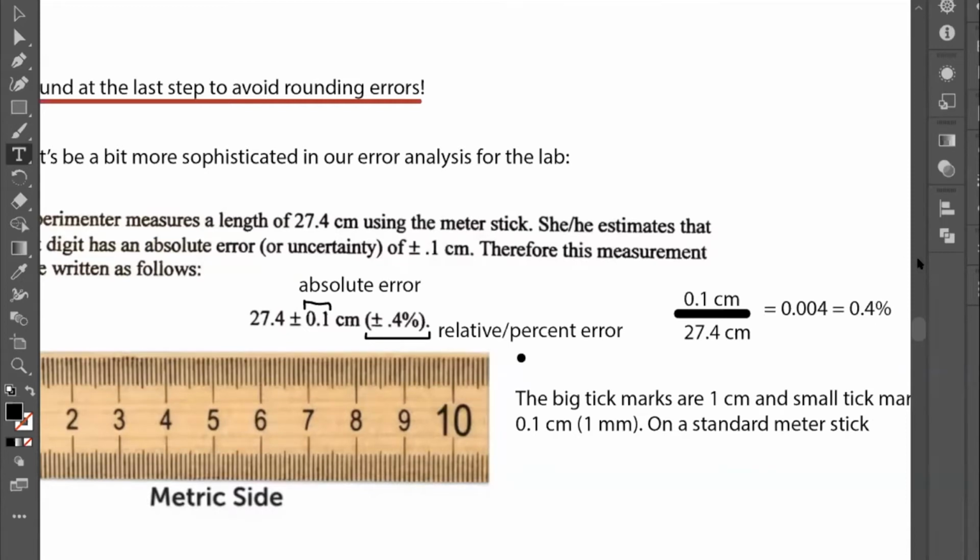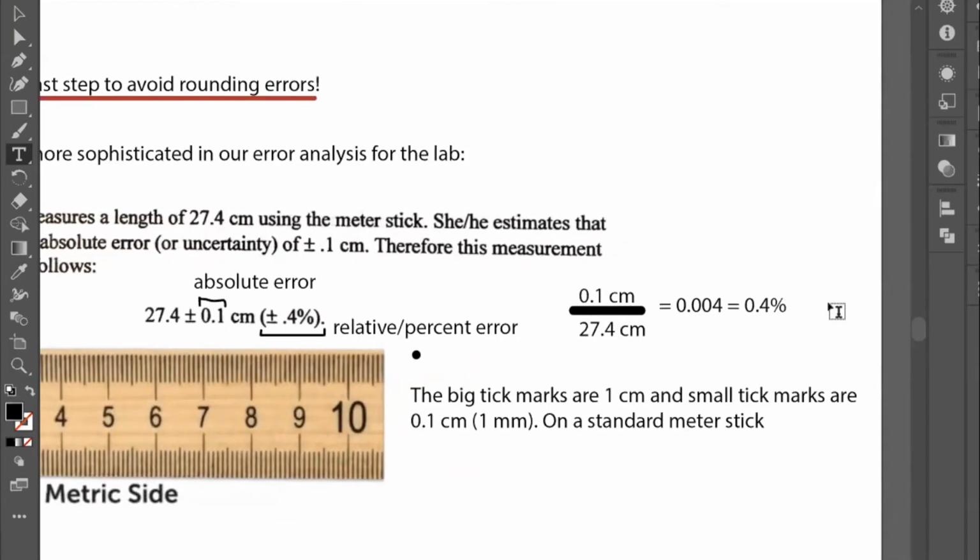By the way, you can write this as either like this or like this on your labs. I'll understand both. Note that the percent error doesn't have units, whereas the absolute error does.